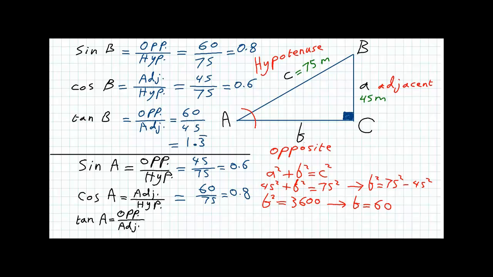And the tangent for angle A is equal to the opposite over the adjacent, which is 45 over 60, and this is equal to 75/100.